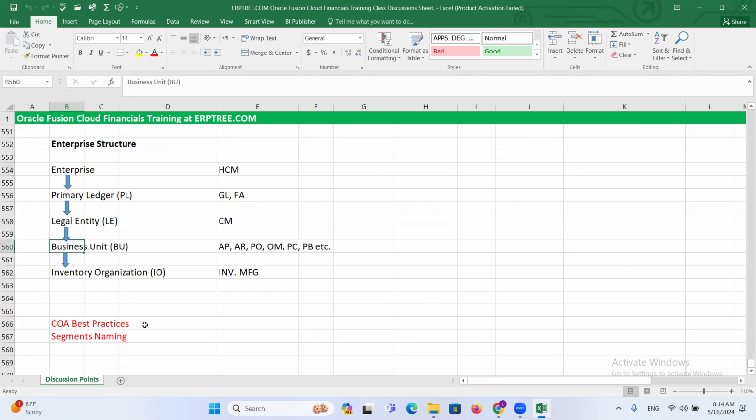At business unit level, we map multiple applications. In any one of these applications, if you want to create business transactions, without a business unit we cannot record. And at inventory organization level we will map inventory and manufacturing applications. This is how we do the mapping based on enterprise structure units.